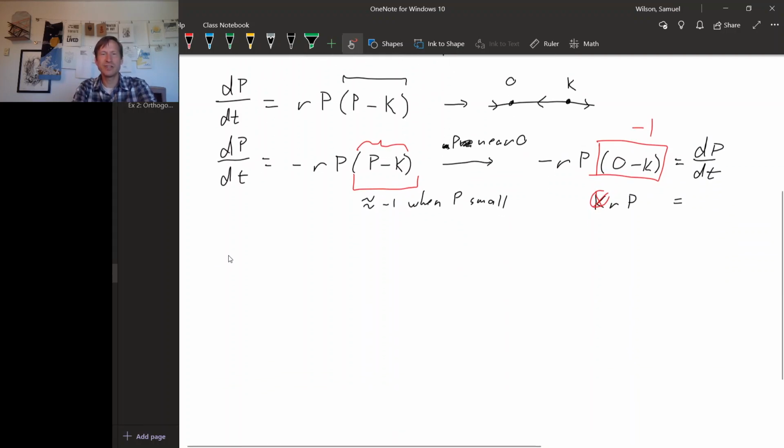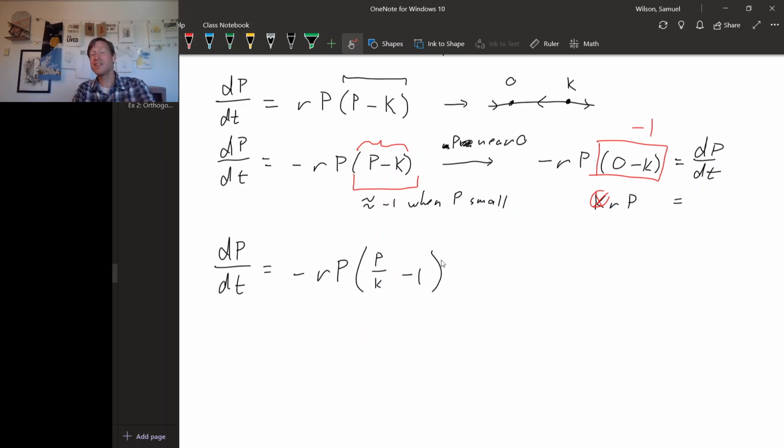And there's a nice trick to make that happen. Minus r times p, rather than just doing p minus k, we can do p over k minus 1. This still has the effect of producing an equilibrium at k. If we plug in k for p, then this factor goes to 0. So we do get the equilibrium we want. Also, the phase portrait comes out how we want as well.